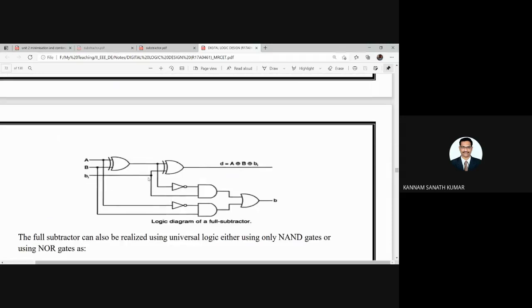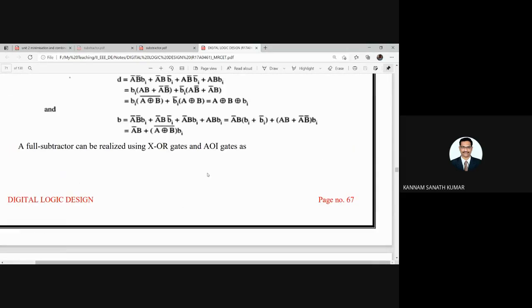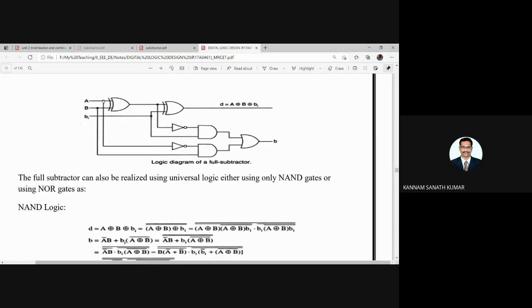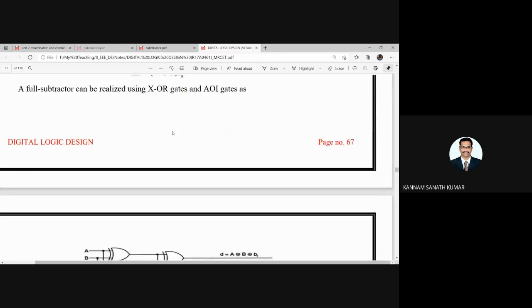That means it is given through an AND gate. And next, what is the next term you want? A bar B. So A is coming through the inverter and B is directly coming, and it is given through an AND gate. The two outputs of the AND gates are given to the OR gate.